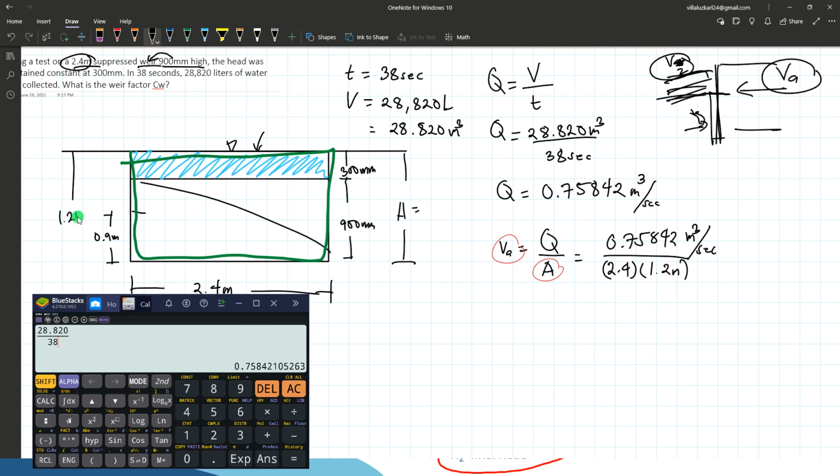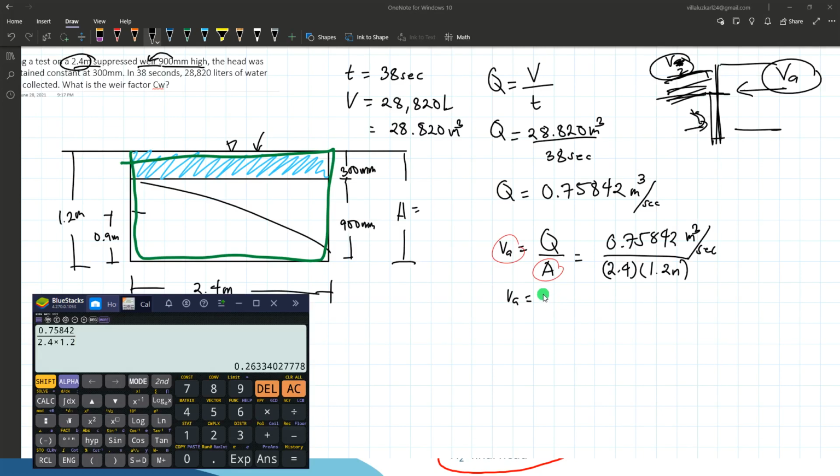That's the total height. So the velocity of approach is equals to 0.75842 divided by 2.4 times 1.2.